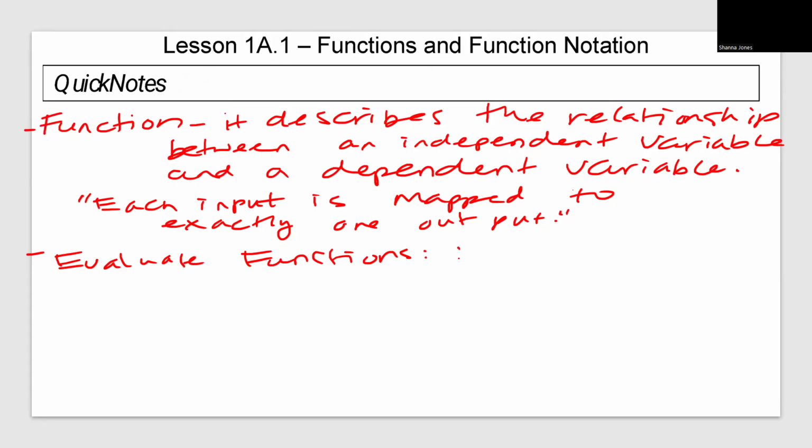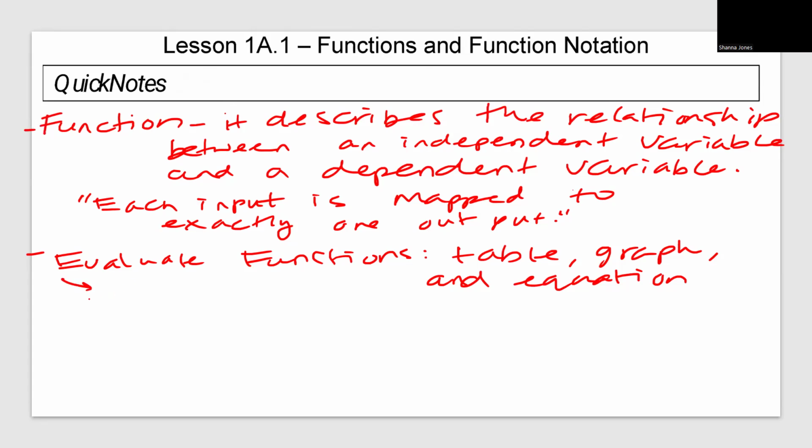So we can evaluate functions from a table. Then what did it lead you to? A graph. And then what did it lead you to? An equation. Did we go through all the methods of evaluating a function? Yes. And essentially, evaluate just means find your output. Right? That's all evaluate means is find an output.